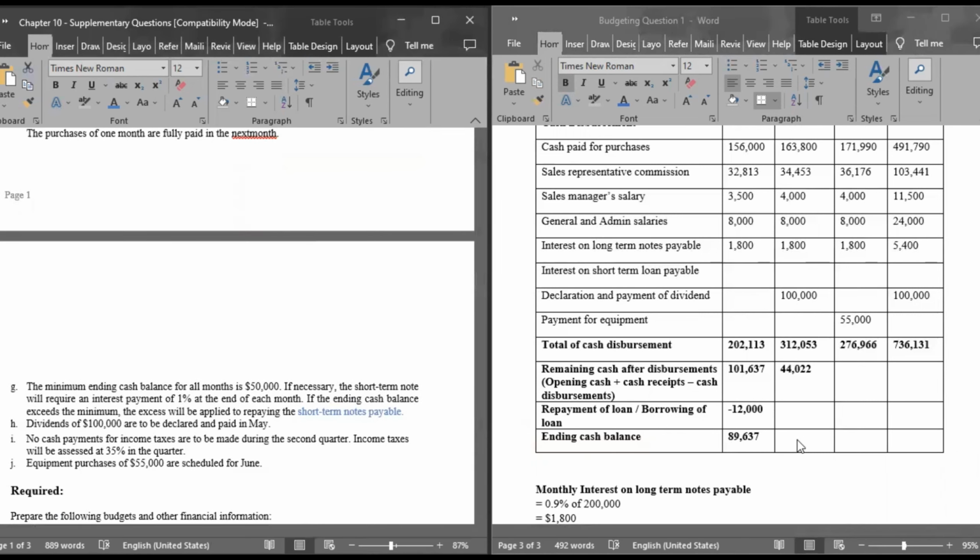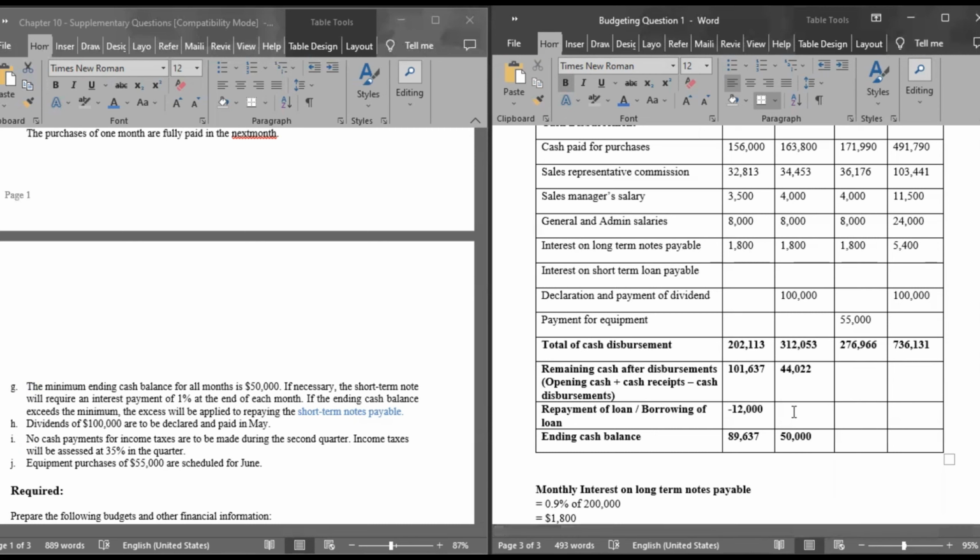50,000 exactly. Do we have exactly 50,000 in the remaining cash? No. So what do we have to do? We have to borrow. In the previous month, we had excess and we repaid our notes payable. But now we need to borrow the amount.